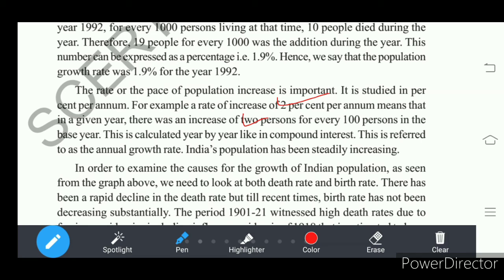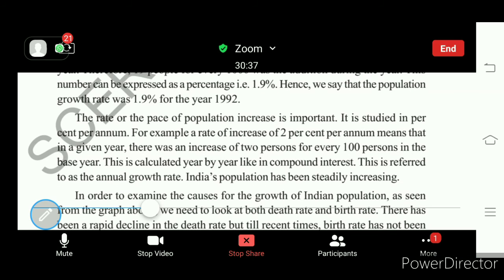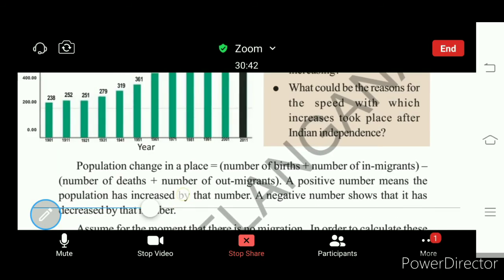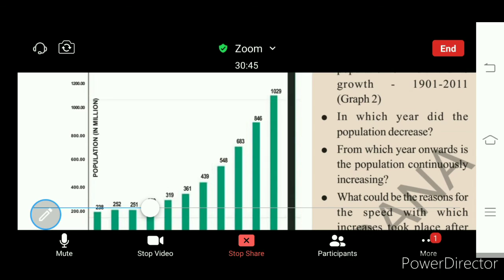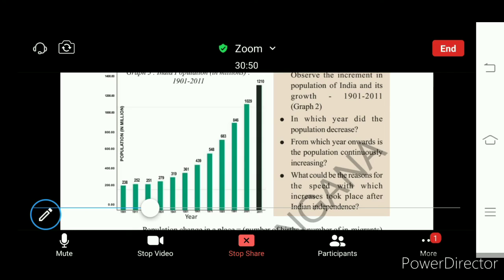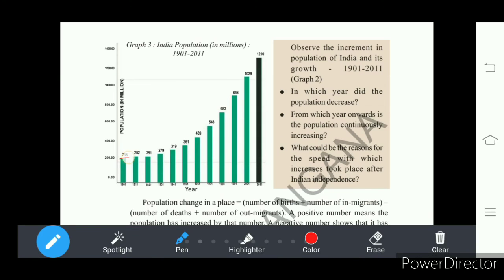Understand? So India's population is increasing steadily. If you look at the graph, you will understand what happened to the population here. Look here, my dear students. I'll show the graph to you. Now look at this graph. What do you see in this graph? In this graph, it shows the population gradually increasing, right? Look at how it is increasing.